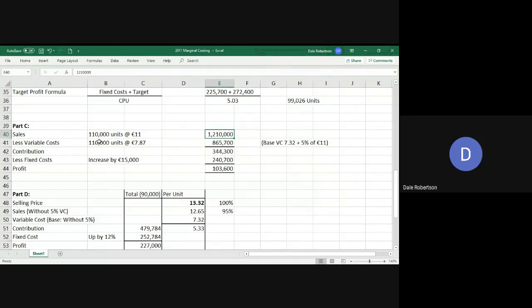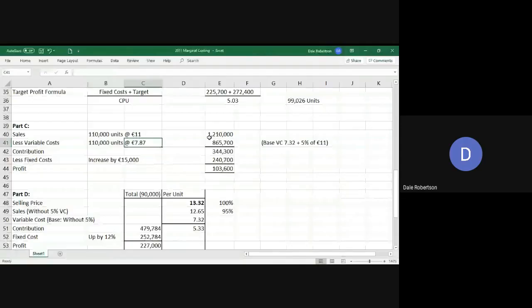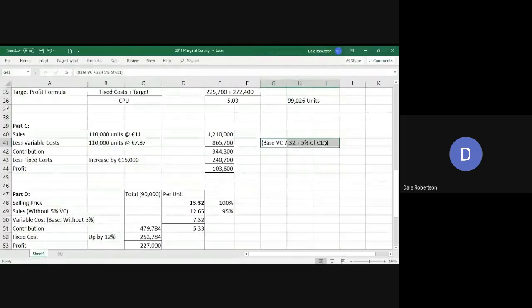The variable cost is going to be our new units, but by a new variable cost. Now, how did we get that? Well, that is the base variable cost of 7.32 with 5% of 11 added on.